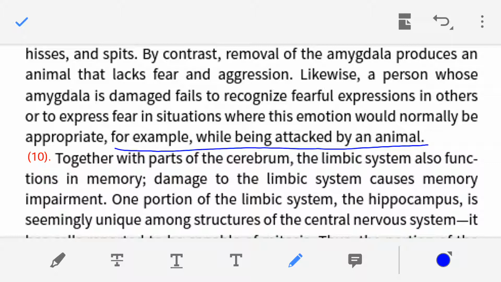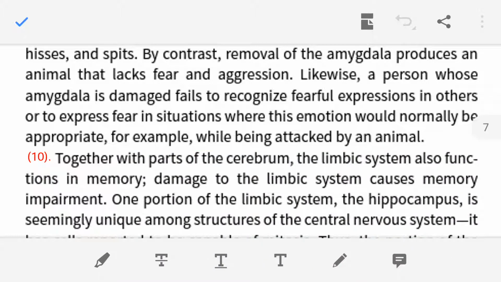That is due to the amygdala. Now if the amygdala is damaged, that person will not be able to recognize the fearful situation, that the dogs are barking at him and following, so he will not experience fear because the amygdala is damaged.